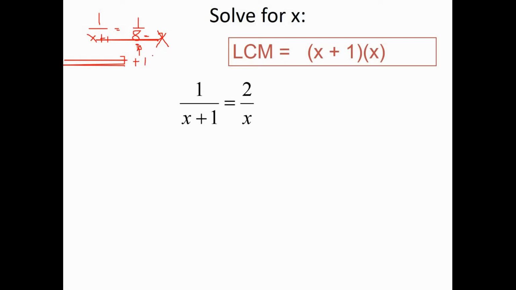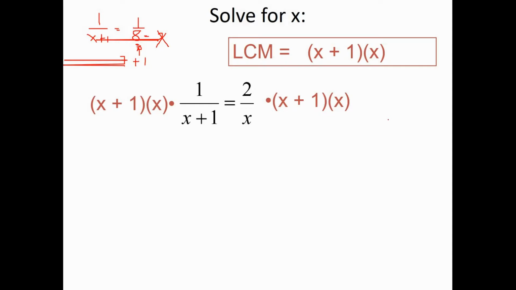Kaya hindi pwedeng ang maging LCM mo is x plus 1 na lang. So, kailangan parehas siya kasi magkaiba pa rin si x plus 1 kay x. So, following the rules, we multiply x plus 1 times x, pati sa right side, x plus 1 times x.